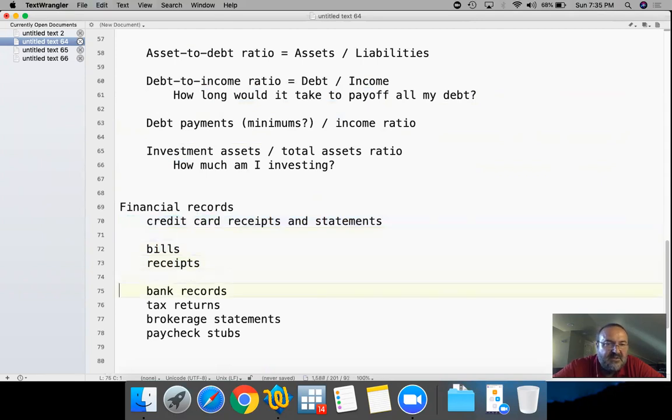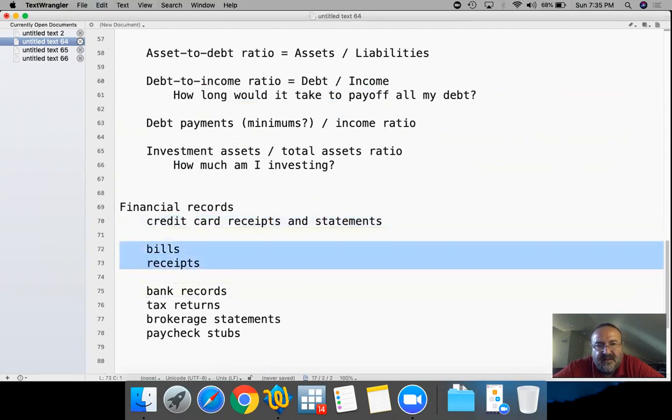Same thing with bills and receipts. If you pay something, keep a receipt of it. A paid check, some sort of receipt that says that you paid it. Unless you can prove that you paid the bill, you have no legal standing on that bill.